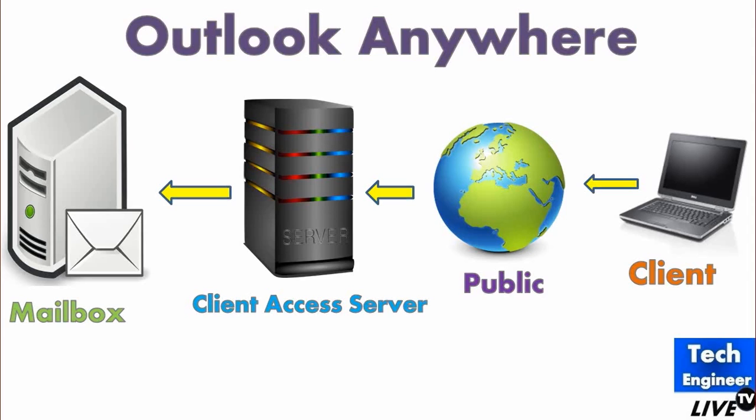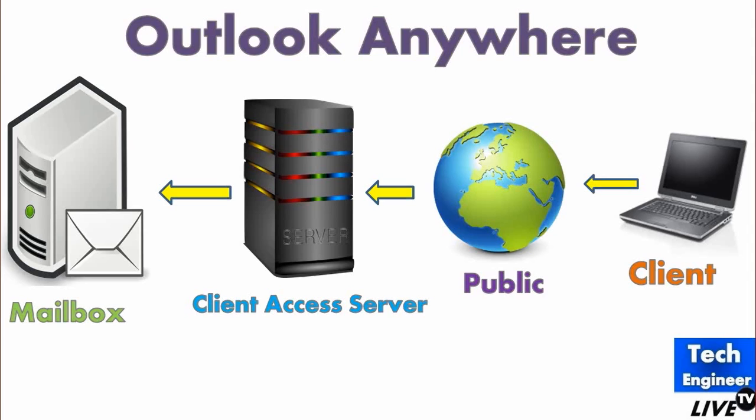It means that as a client through the public network, I am able to access my mail. My mailbox is on an internal server. It is an internal network and has nothing to do with the public network. But my Client Access Server will provide me the access so that my system is able to get that mail access, mail rights.